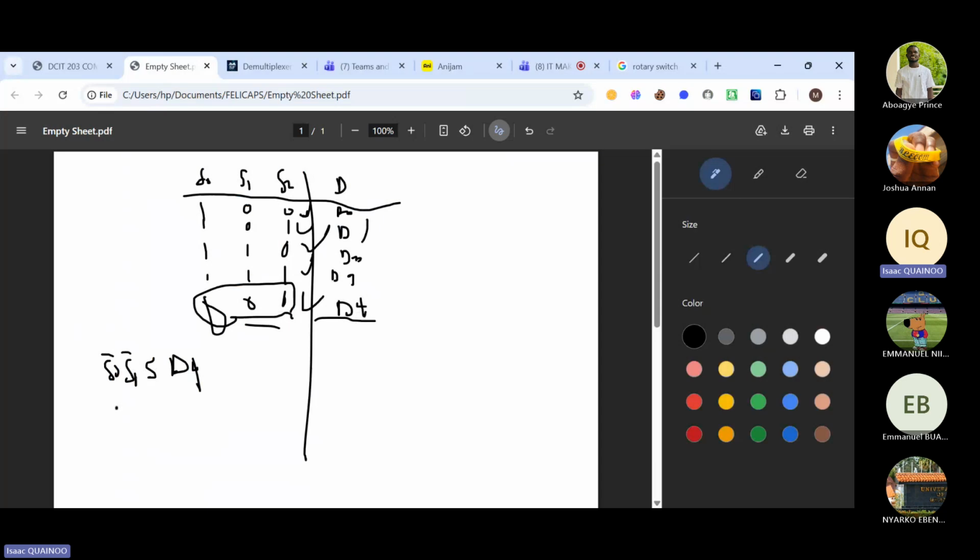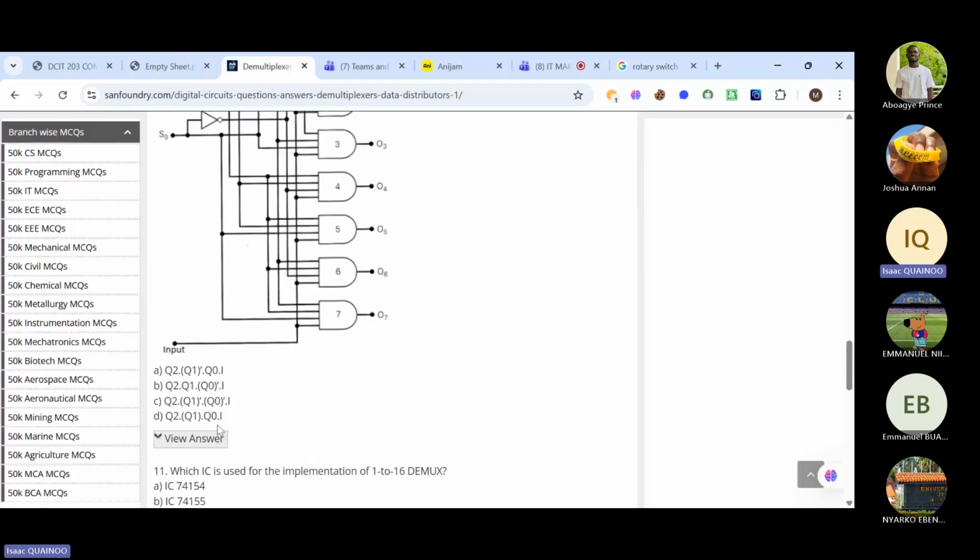So we have Q0 complement, Q1 complement, and then I. That will give us D4. You can see that we have the first complement, the second complement, and then our I. Hence, C is the correct option.